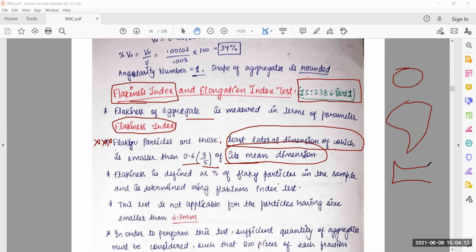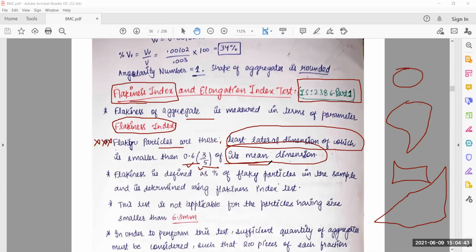This one is your flaky aggregate, and this one is your elongated aggregate. So basically, flaky particles are those whose least lateral dimension is smaller than 0.6, which is also written as 3 by 5 of its mean dimension.